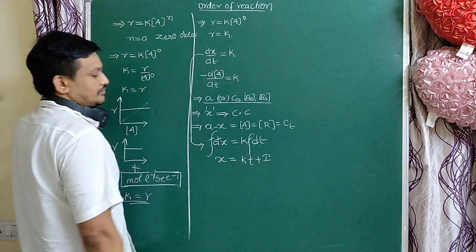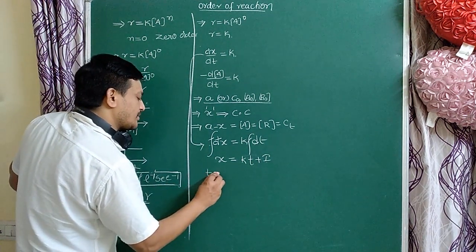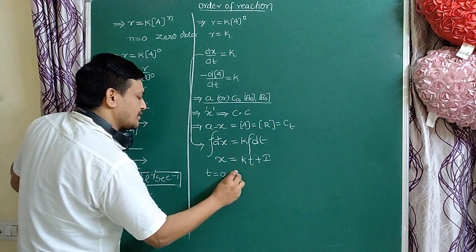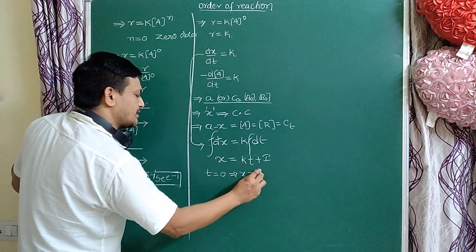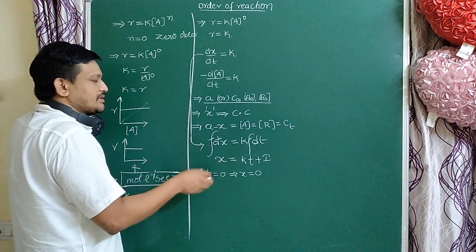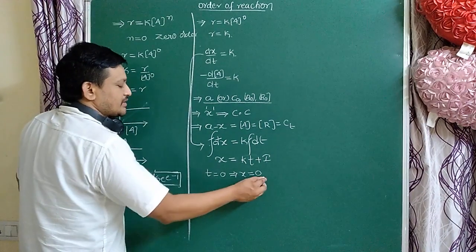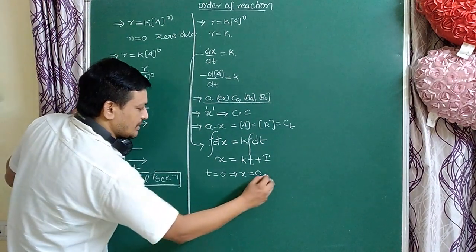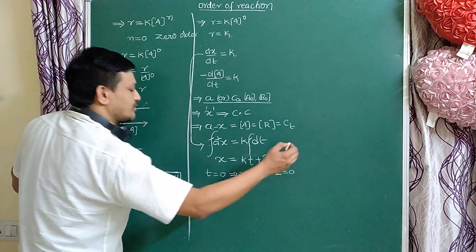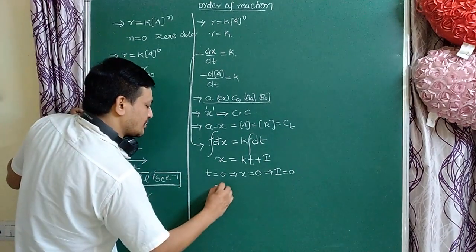How to calculate the I value? At the initial time t equal to 0, the x value is also 0, because x is the consumed concentration. Zero time means the reaction has not started, so x equal to 0. So I is also 0. The integration constant is 0. So x equal to kt.